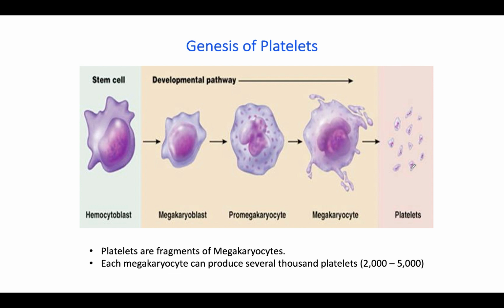So today you study blood, and you have to know how you categorize blood, liquid portion and cellular portion. Cellular portions can be called formed element, and the formed element can be further categorized: red blood cell, white blood cell, and platelet.